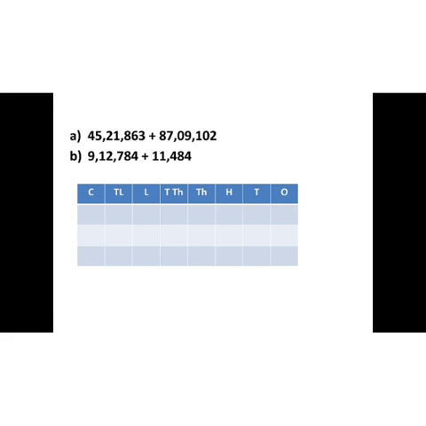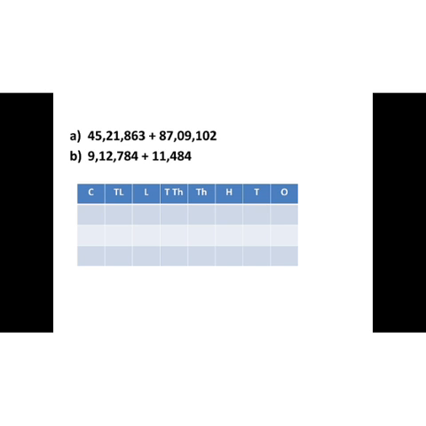The questions are given. The first one is 45 lakh 21,863. It should be added to 87 lakh 9,102. So now let us write in columns.